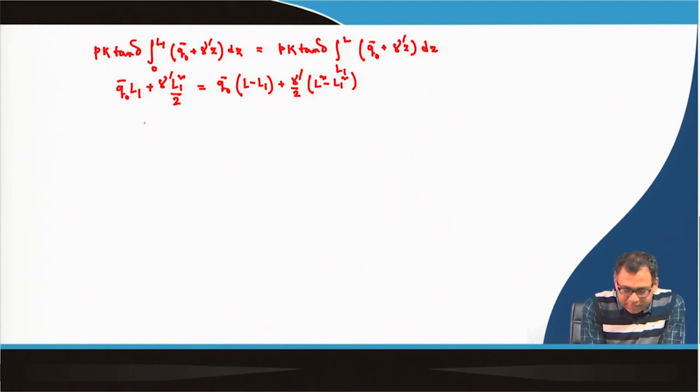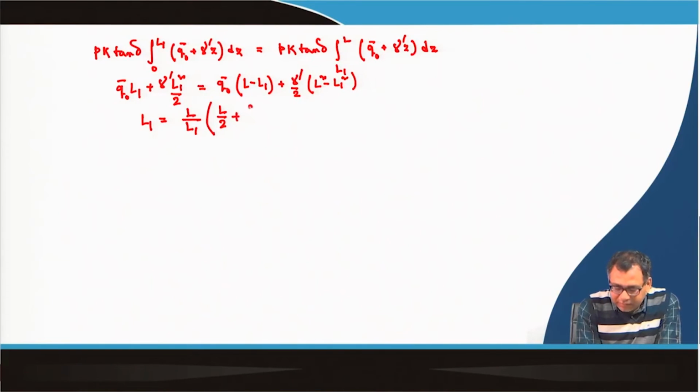So, now we can write the L1 value is equal to L by 2 plus Q0 bar divided by gamma dash minus 2 Q0 bar divided by gamma dash.